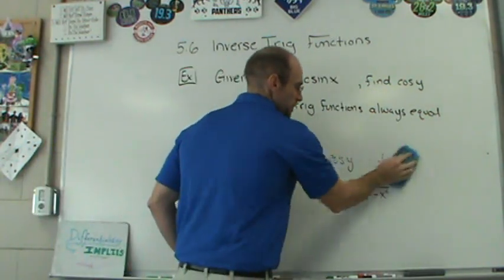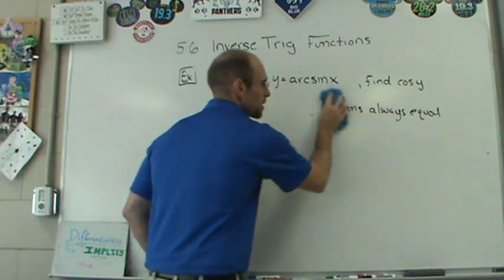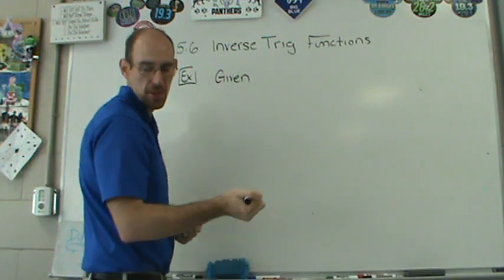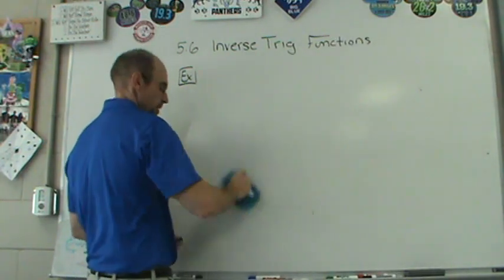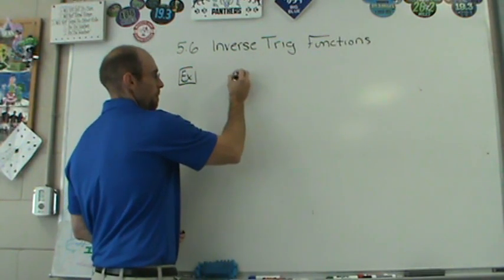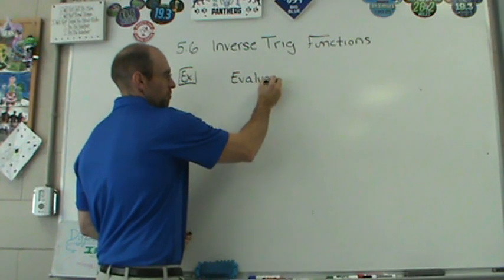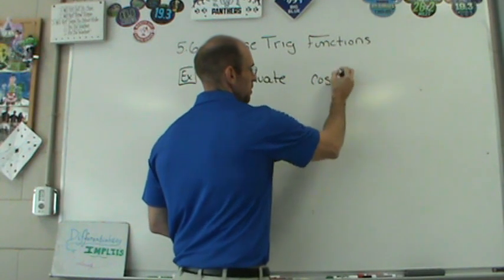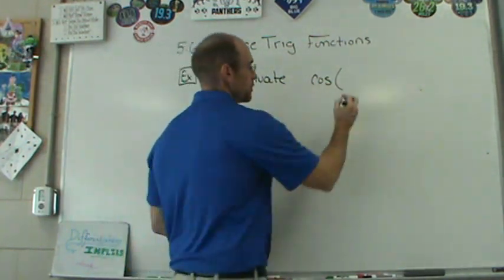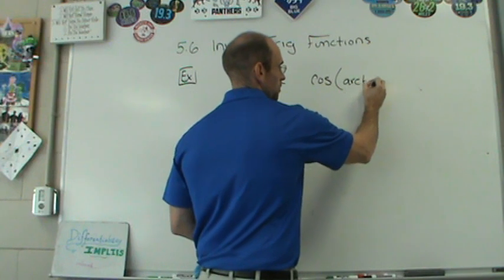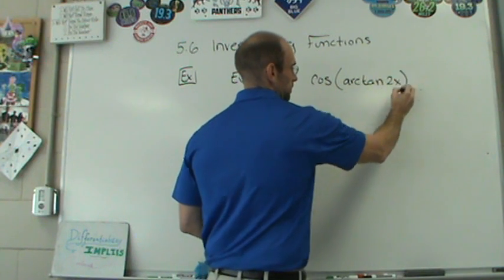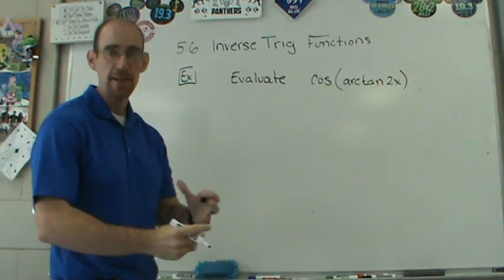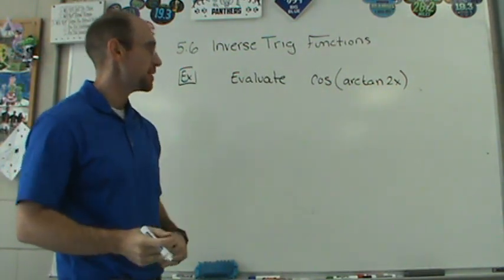Rather than a given, let's evaluate cosine of arctangent of 2x. Again, it looks a little complicated. We don't have any numbers. All we have is, well, we have 2, but that's it.